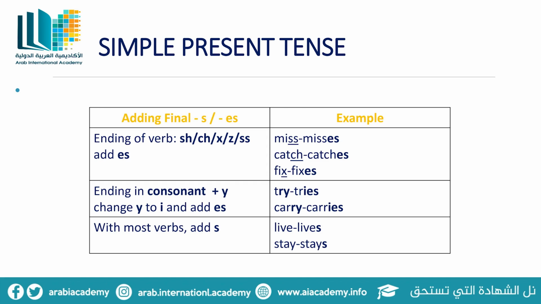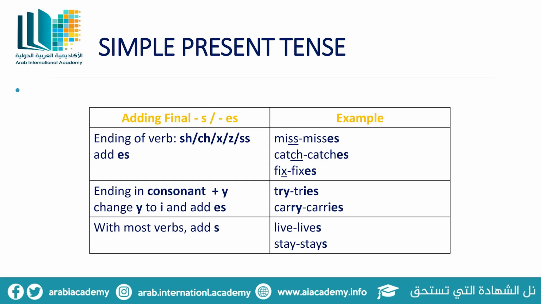It ends with a consonant, which is the letter r, then ends with a y. So in order to change it to the simple present tense, we add es, but we have to change the y to i. So we changed the y to i, and then we added es.